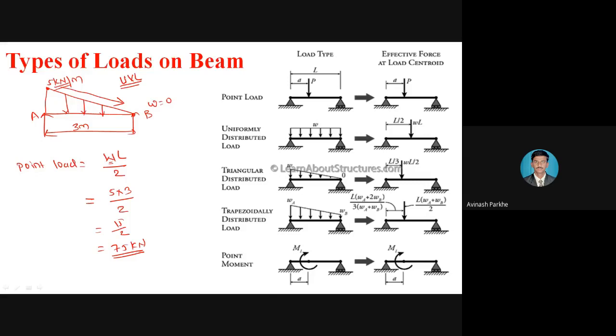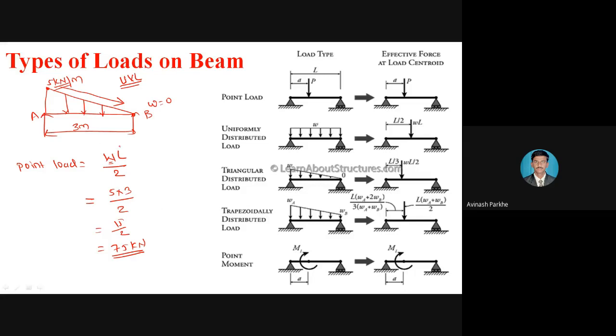If UDL is given, convert that UDL into the point load using the formula W into length. UDL ची मॅग्निट्यूड W असणार आहे, किती लेंथ वर तुमचं UDL स्प्रेड झालेलं असणार आहे तेवढीच लेंथ फक्त consider करा. Similarly, in case of UVL, we have the formula W into length divided by 2.